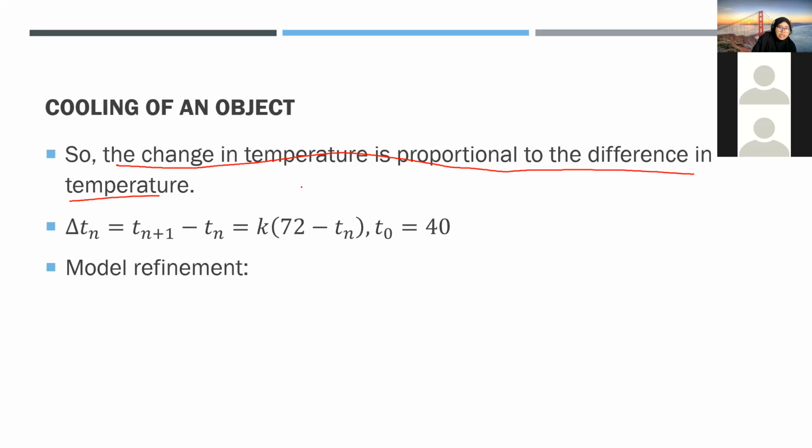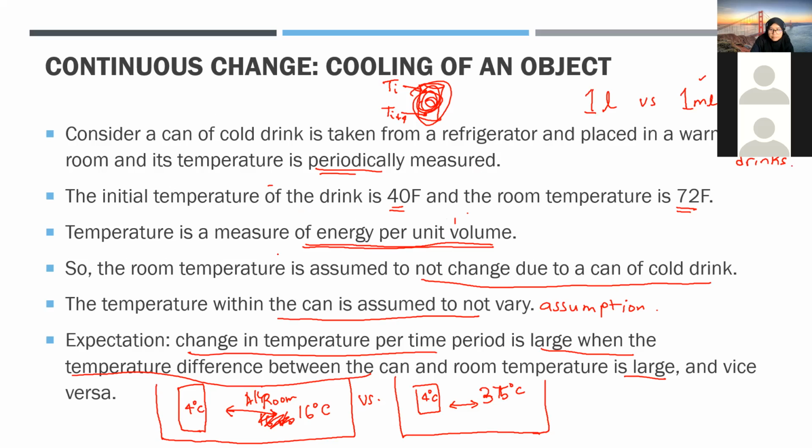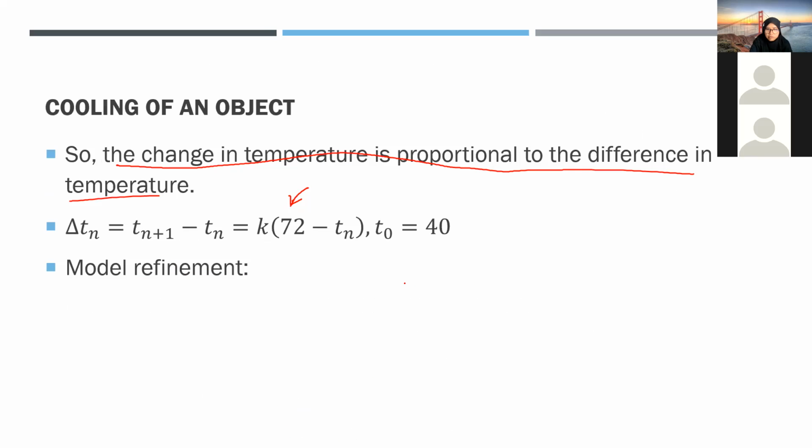So what you can say is that this is Y72, because the equilibrium temperature is based on the room temperature. The room temperature is assumed to not change, because the volume of a small can is quite small compared to the room.